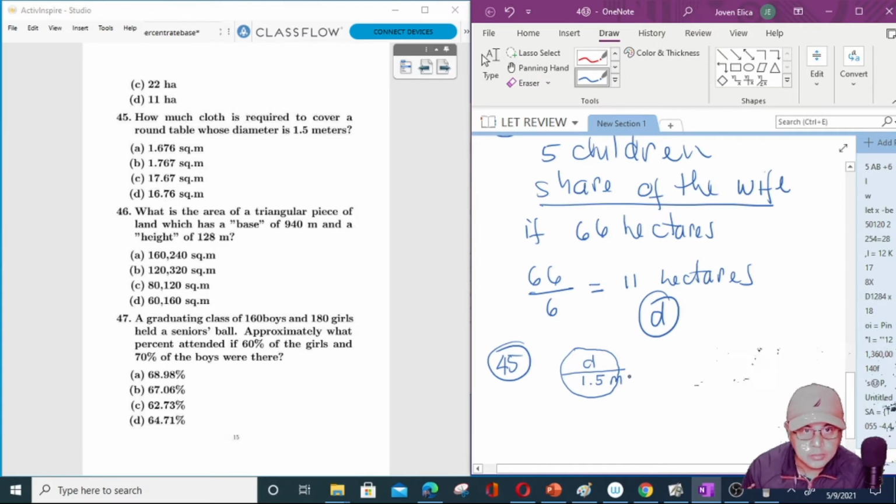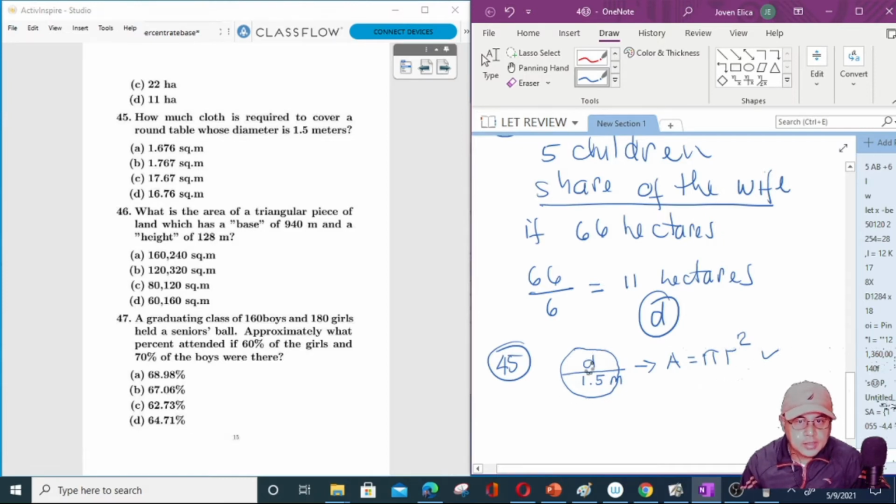How much cloth is required to cover it? If this is a circular, round table, the area of a round table is pi r squared. We know that this is the area of a circle. So this is the formula we need.